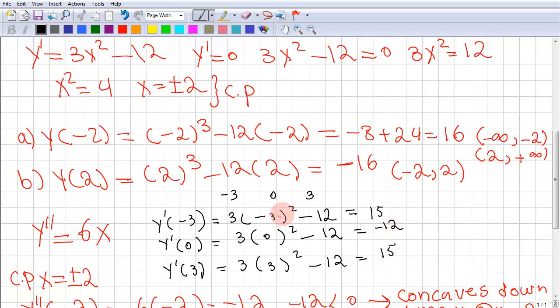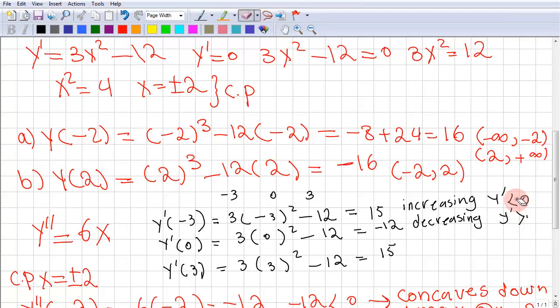So -3, which is between negative infinity and -2, our function in that area is increasing because y prime is greater than 0, whereas between -2 and 2, our function in that area is decreasing because y prime is less than 0.